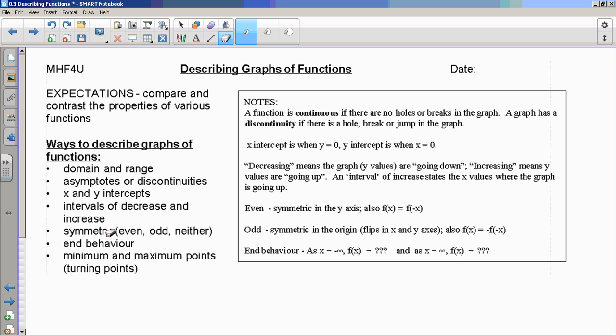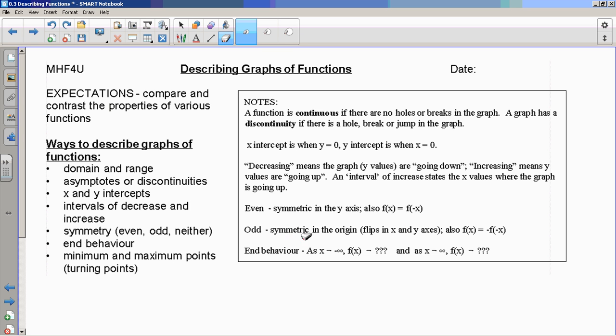Symmetry. We talked about symmetry, and we'll spend some time determining the symmetry of functions. A function can be even, odd, or neither, and the bonus was, remember, to see if you could find a function that was both even and odd, or if such a thing exists. Geometrically, even is when it's symmetric in the y-axis, but there's also some algebra that goes with it.